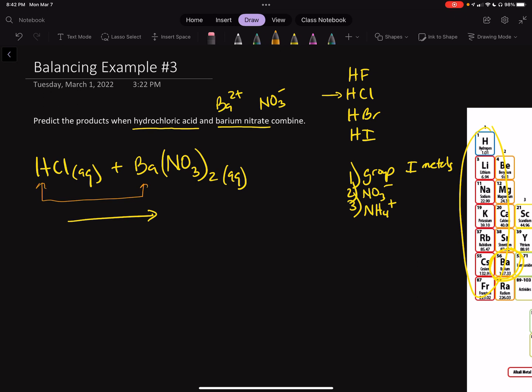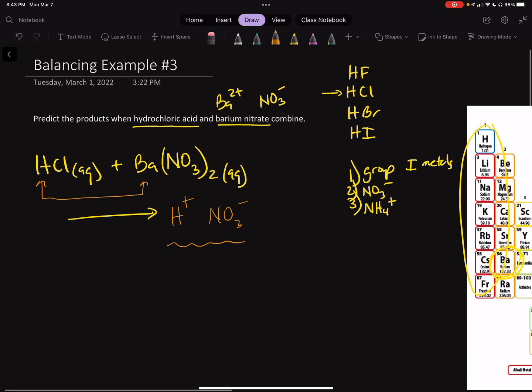So you can imagine the hydrogen and the barium switching places, which means we'll have hydrogen and nitrates pairing up, and then we'll have bariums and chlorides pairing up.